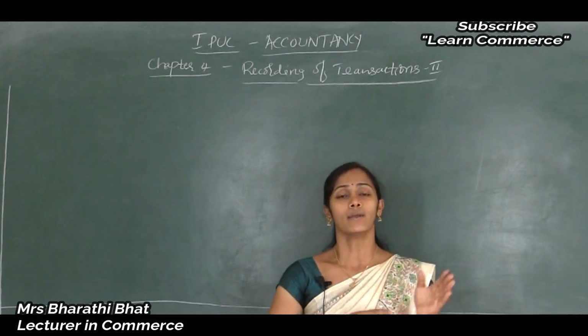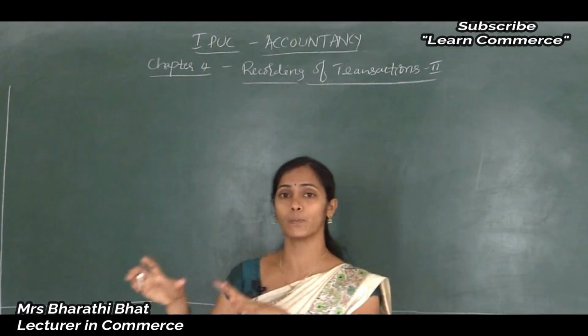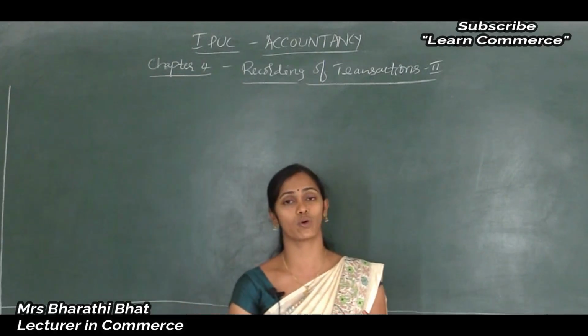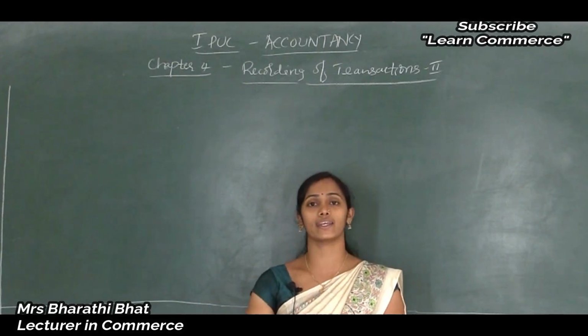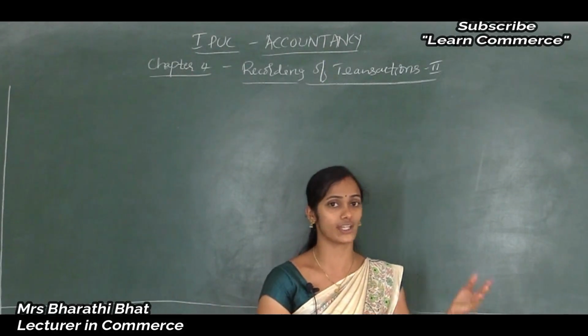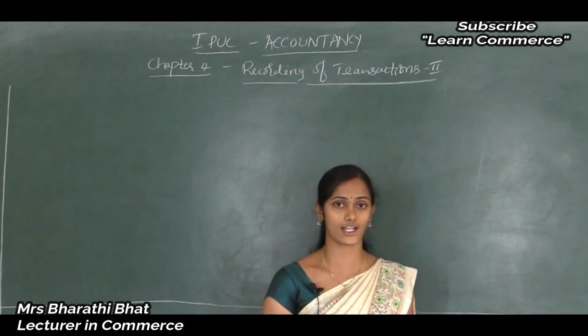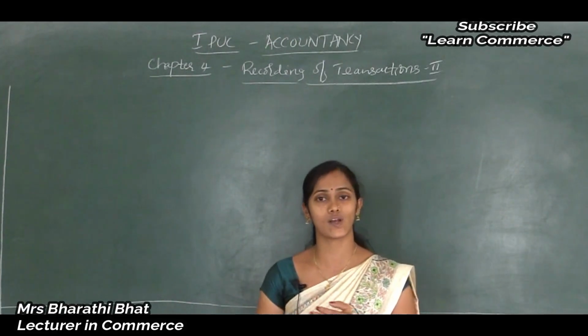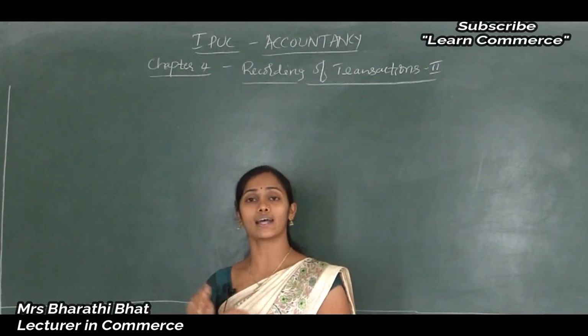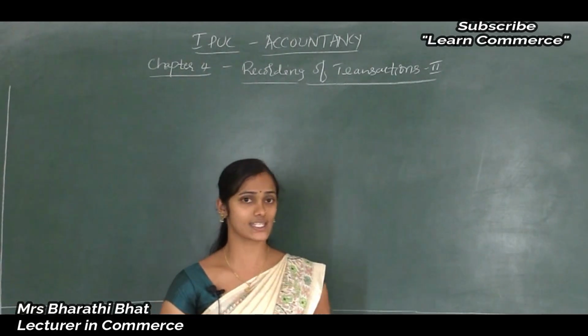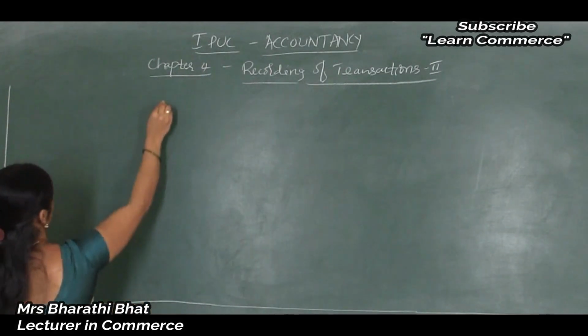So many organizations prefer to prepare subsidiary books, such as the cash book to record all cash transactions, and to record all the credit transactions they prepare other subsidiary books. Let's see the types of subsidiary books.